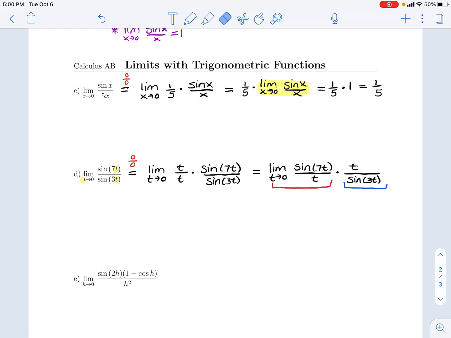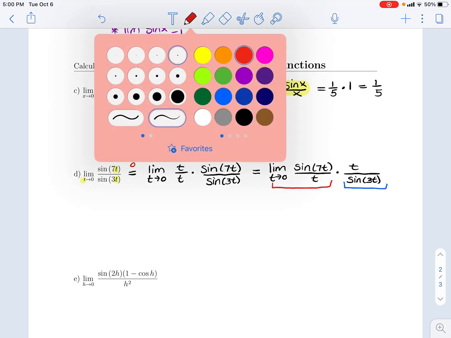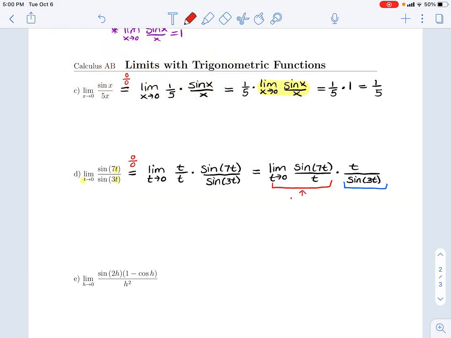So, looking at this, in the red I need a 7 in the denominator, and in blue I need a 3 in the numerator.